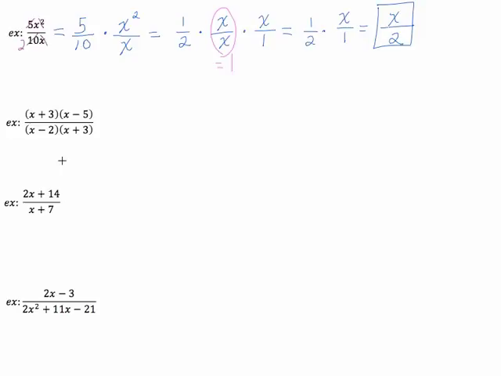Okay, and the next example, what you don't want to do is expand first. You always want to factor first, cancel common factors, and then, if needed, expand. And by expand, I mean FOIL. So what we want to do is cancel factors. Okay, it's already factored.